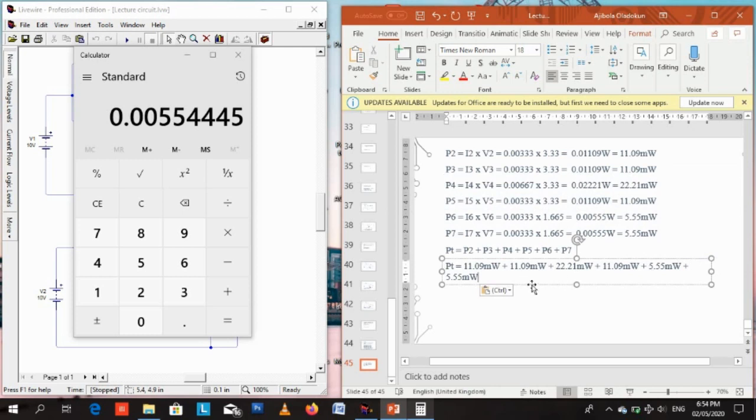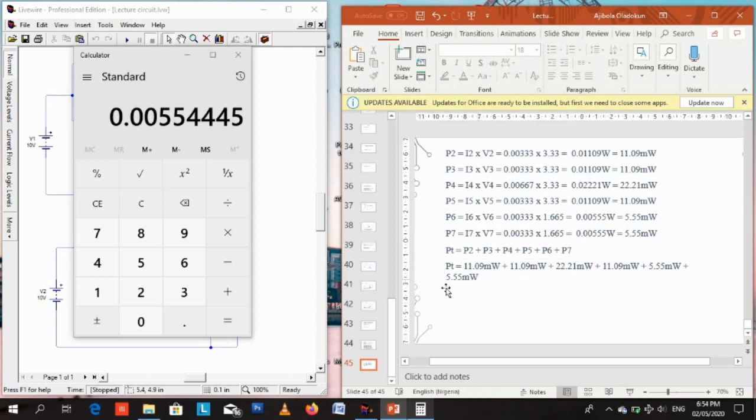So if we add all the individual power consumed, we'll get our total power consumed by the whole circuit, by all the loads in the circuit. Total power supplied by the battery to the load.